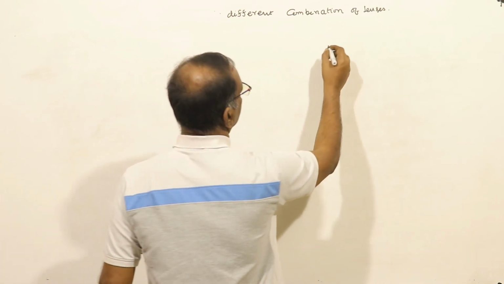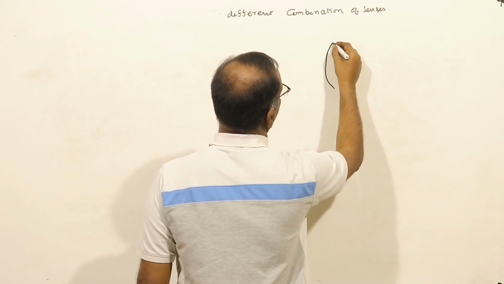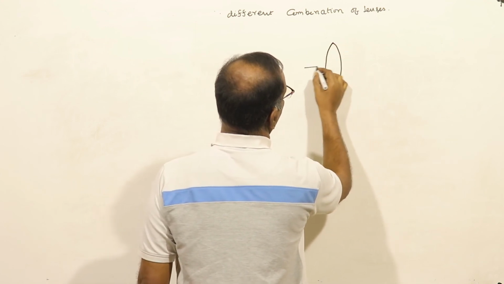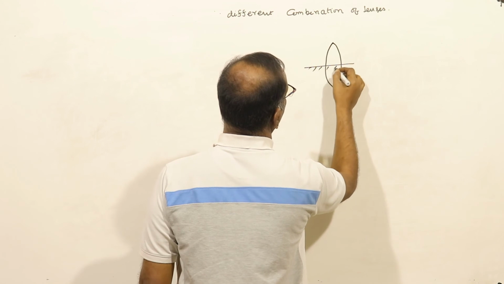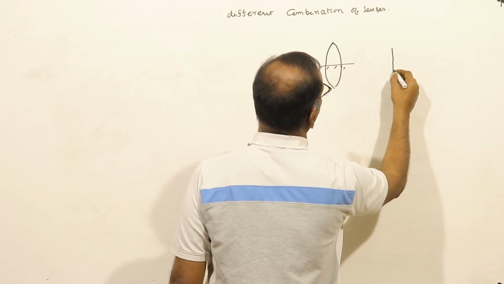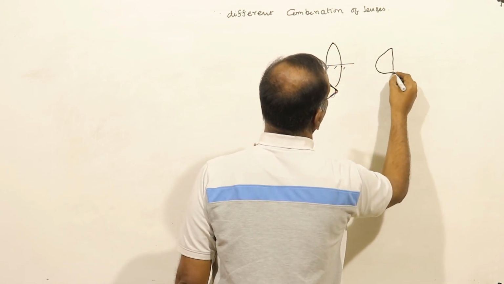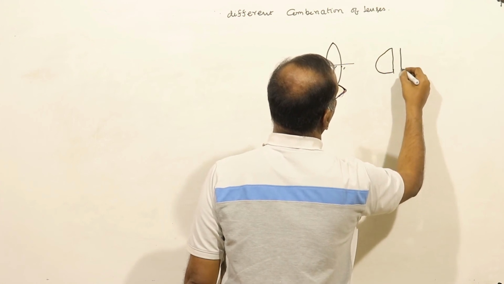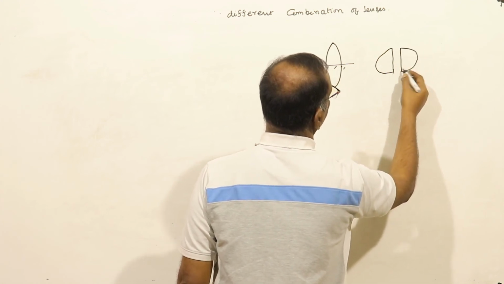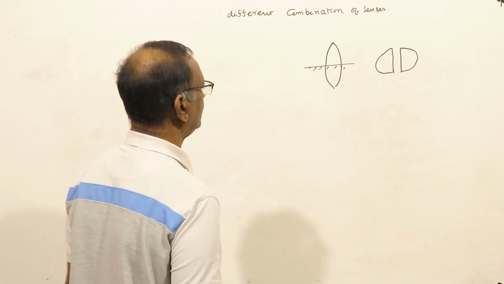If the convex lens is cut like this, one portion we can take this way, another portion this way. It is cut, and this combination is put in a different style.